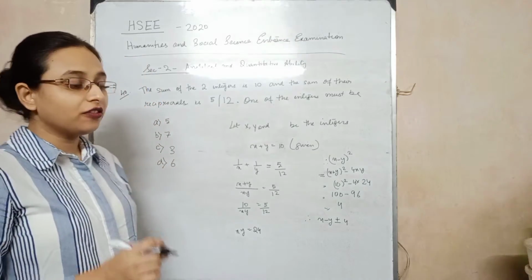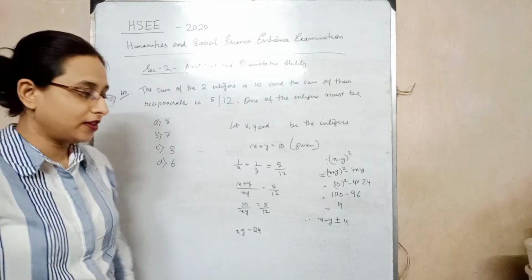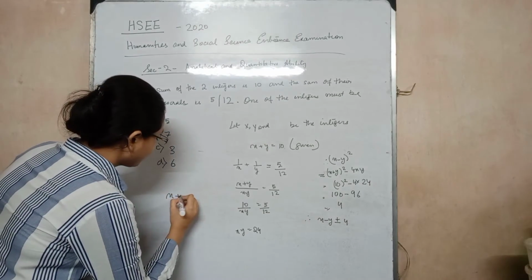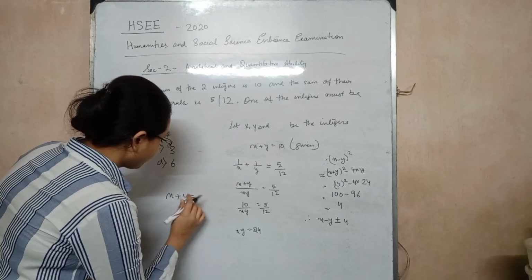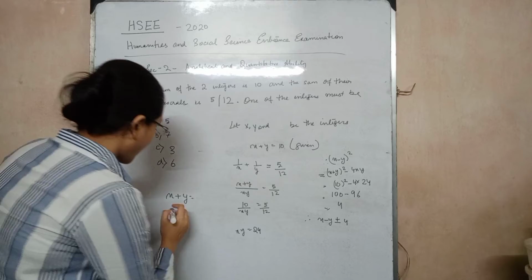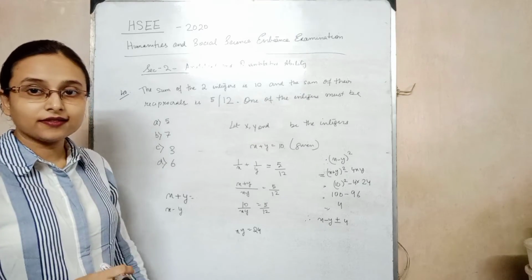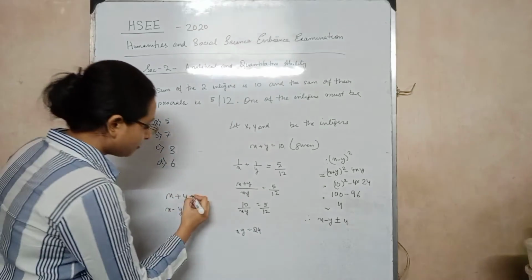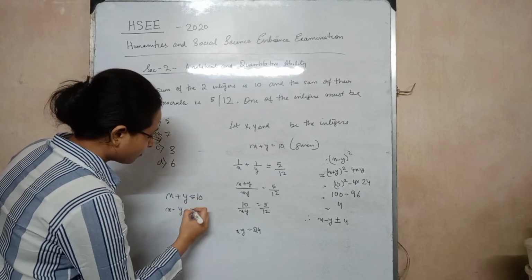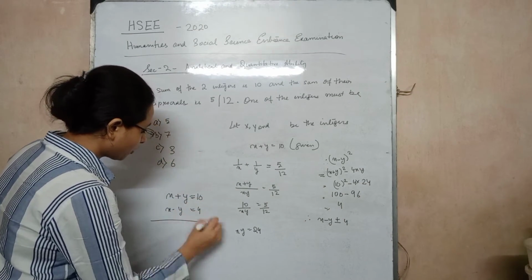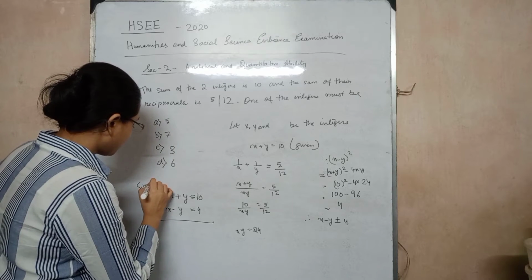Now we have to solve these equations simultaneously. That is x plus y and x minus y. Solving in simultaneous equations, x plus y equals 10, x minus y equals 4. Okay. Simultaneous equation.